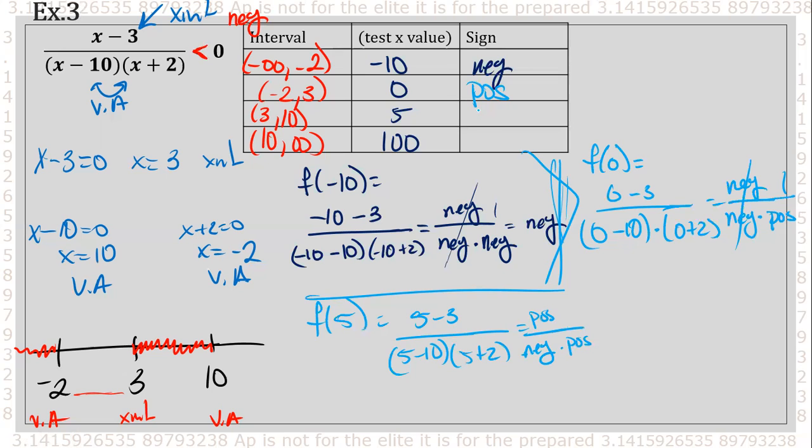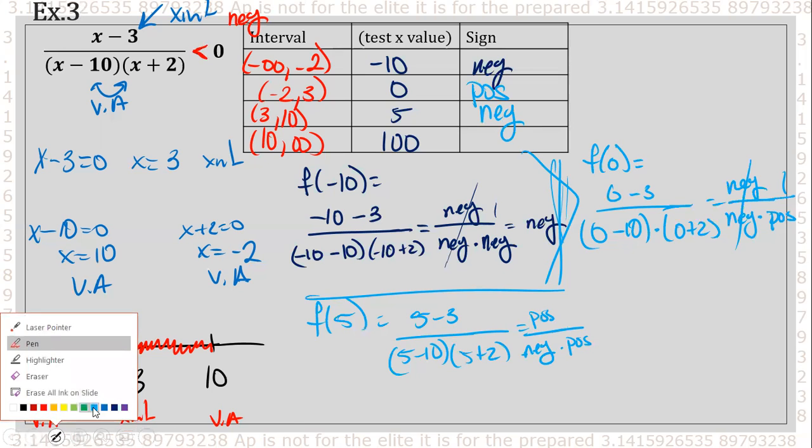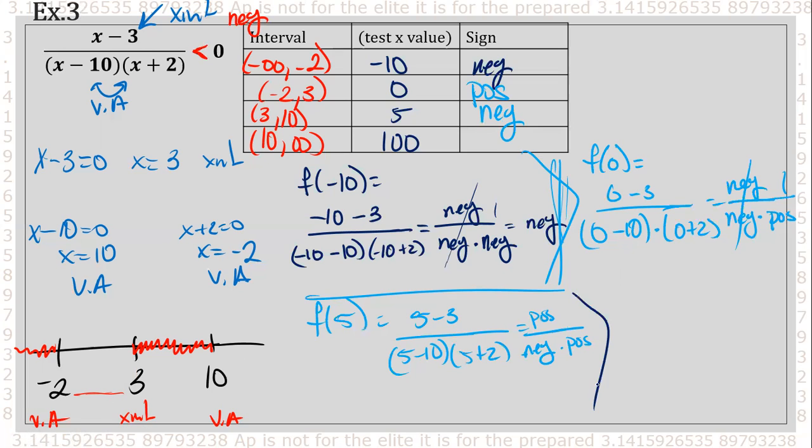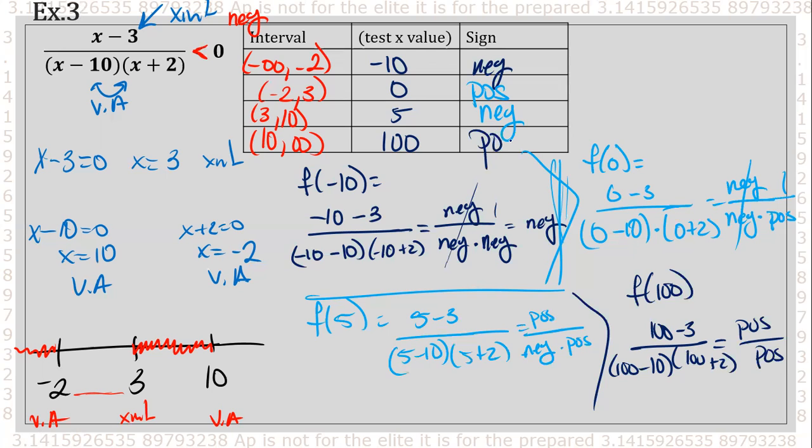So this right here gave us a negative. Last but not least, we got the function evaluated at 100. We can see 100 minus 3 is positive, and we got 100 minus 10 and 100 plus 2. So all of this was positive, giving us a positive.